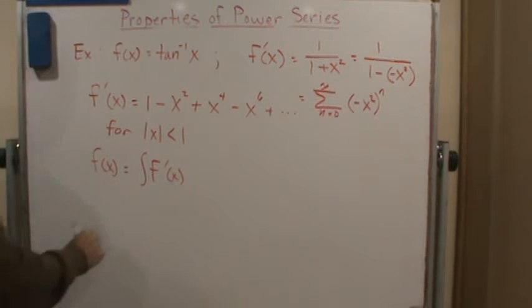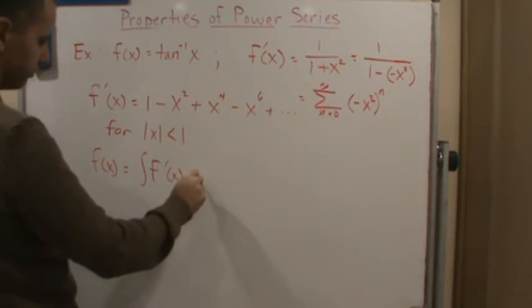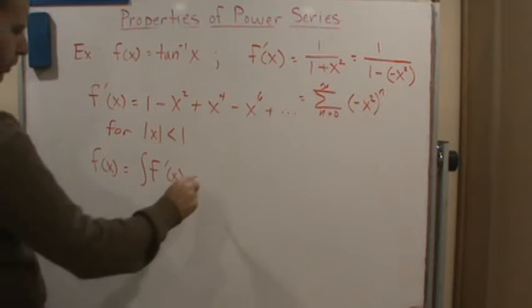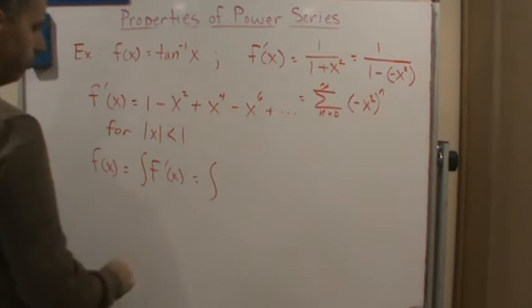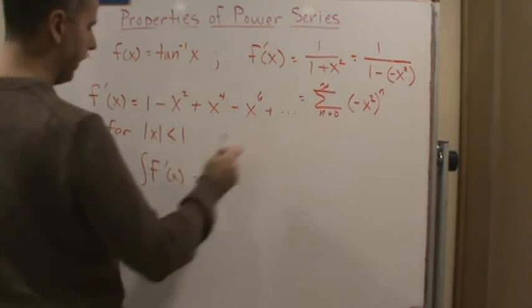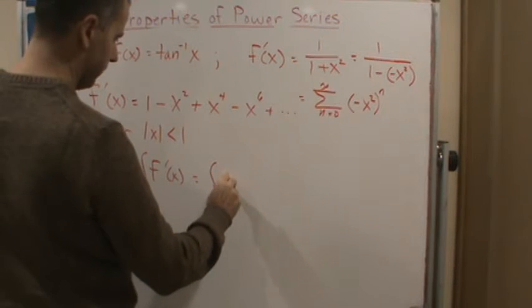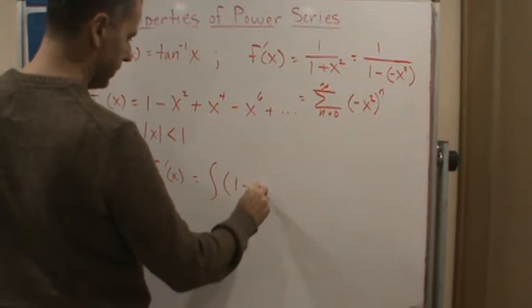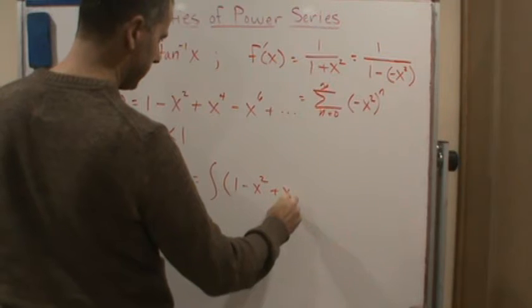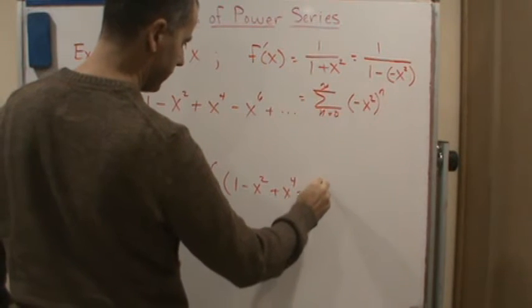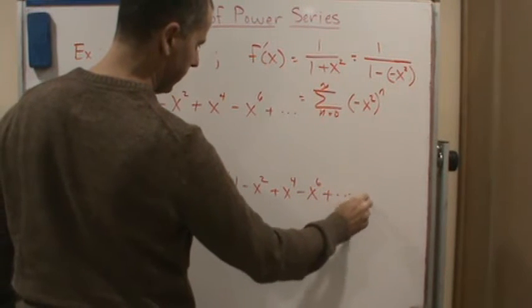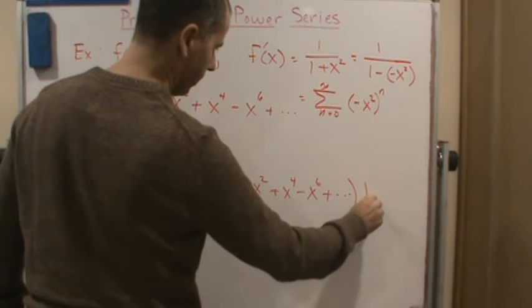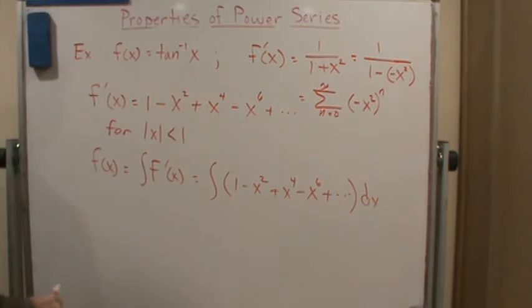And so f of x is going to equal the integral of 1 minus x squared plus x to the fourth minus x to the sixth plus so on and so forth.